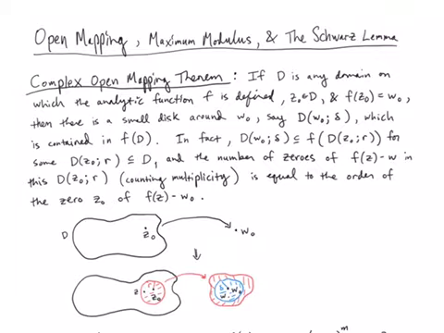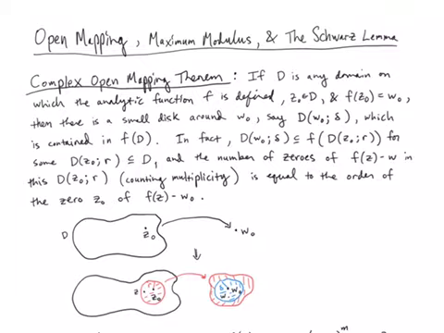And in this small disk around z naught, the number of zeros of f of z minus w, in other words, the number of solutions of f of z equals w in this small disk, counting the multiplicity, is equal to the order of the zero z naught of f of z minus w naught.